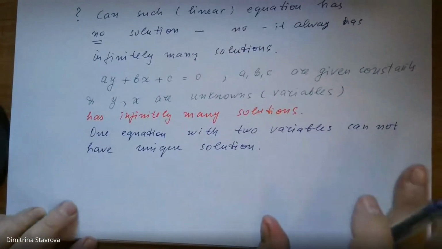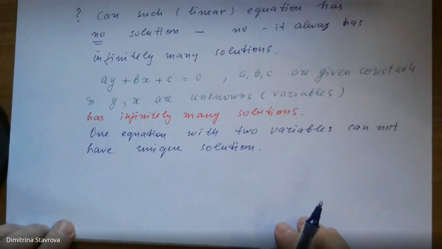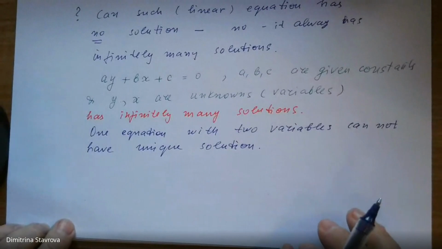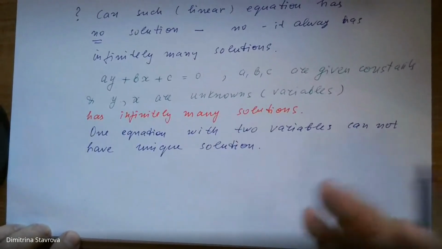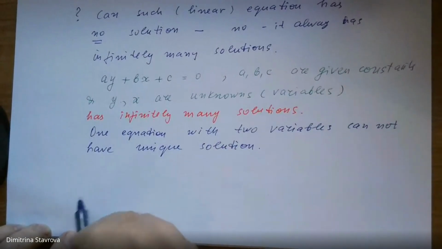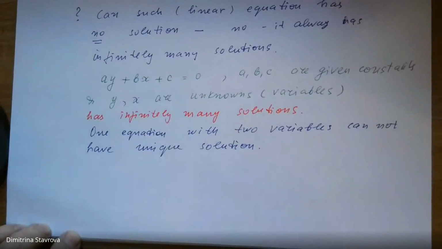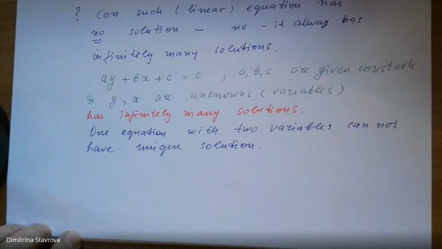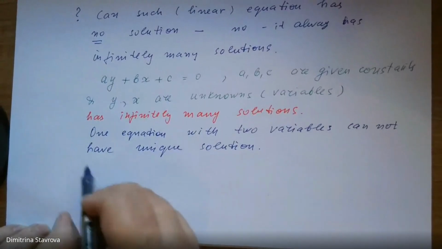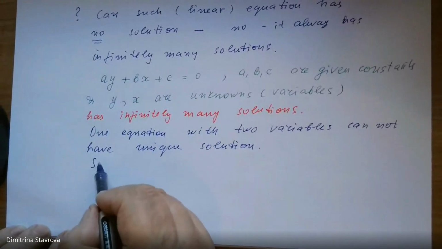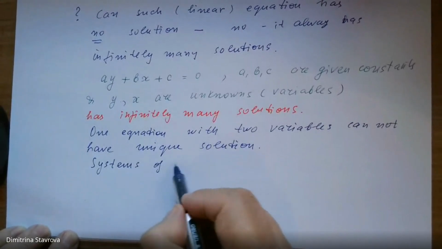Hence, in order to be more precise in our goal of finding several things or several conditions, because this equation can be looked at as a condition about x and y, we can look at the so-called systems of equations.